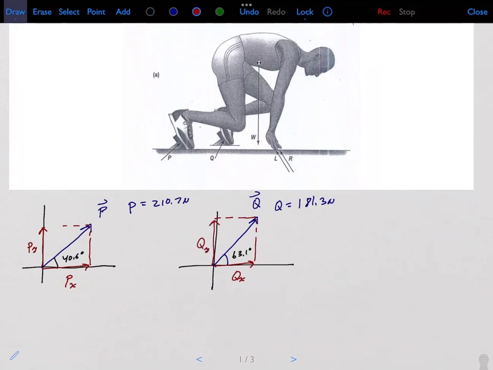Okay, then we have L and R. They were at, what was the angle? Let's see, 122 degrees, right? Which is going to be in the second quadrant.